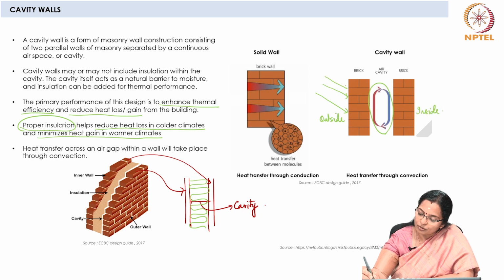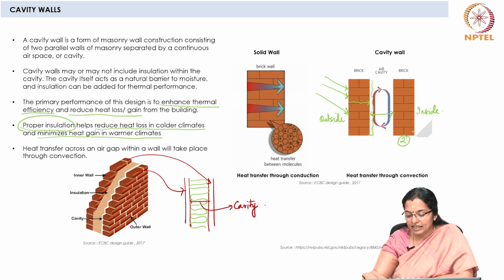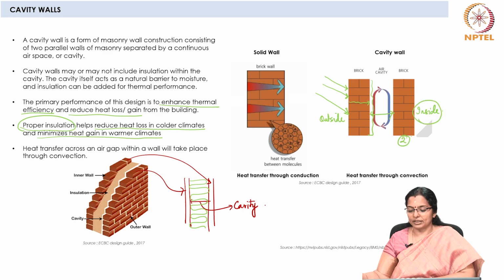When the surface of the outer wall gets warm, the air closer to this wall becomes warm, and through convection it becomes cool, and this cycle keeps on repeating itself. And based on the thermal capacity of what is in between these two walls, the second wall will get less warm or will get less cool, keeping the inside comfortable.